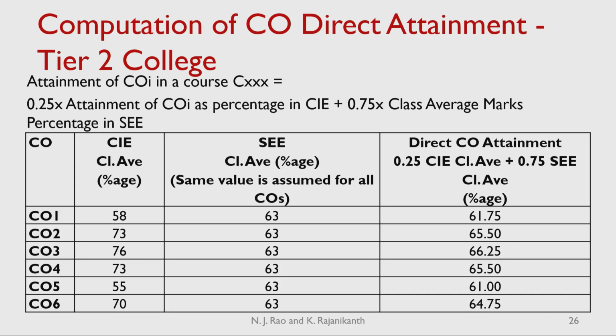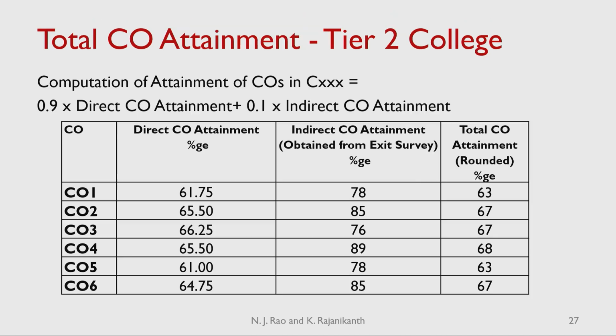Rest of the calculation is quite similar to what we have done for Tier 1 college. Here the ratios are different. It is 25:75 between CIE and ACE. So 0.25 into attainment in CIE plus 0.75 into the attainment in ACE gives the direct CO attainment value shown in the last column.